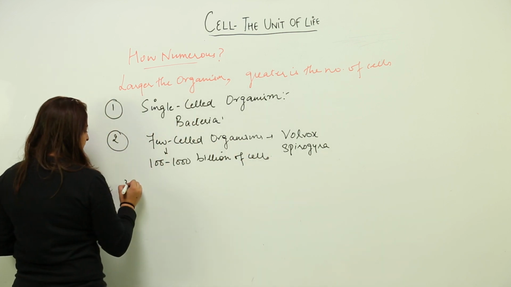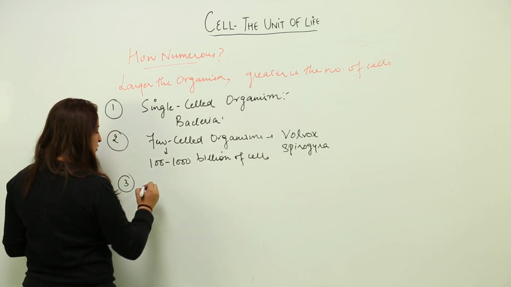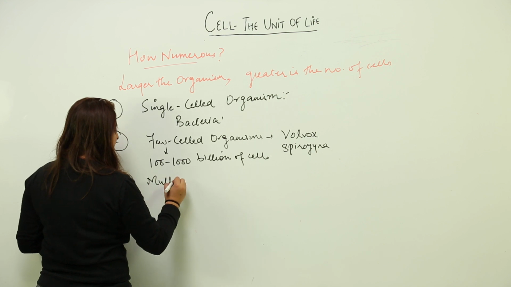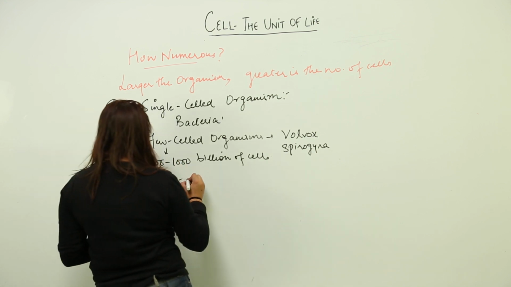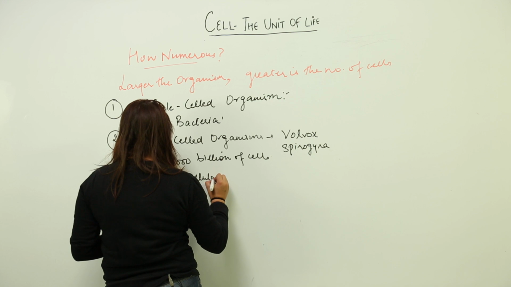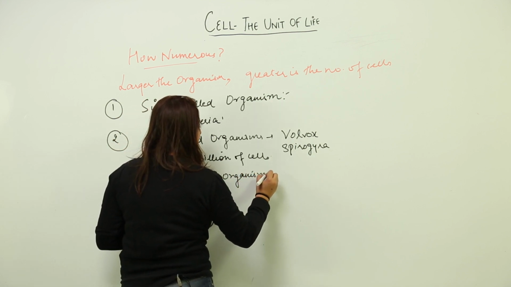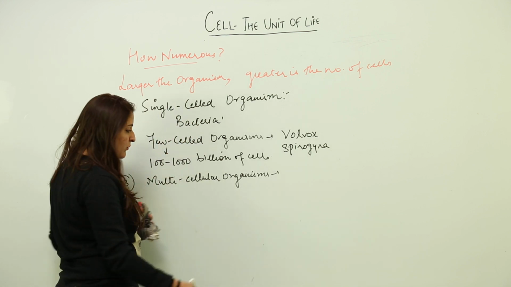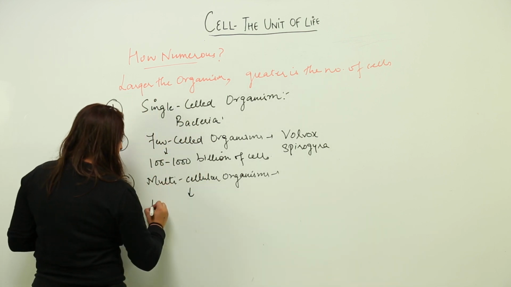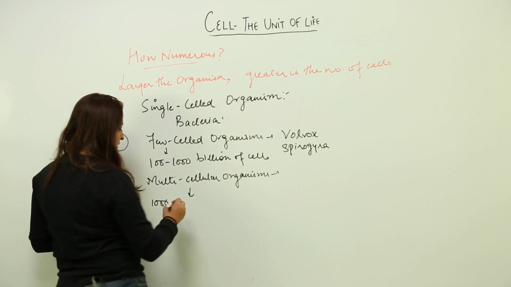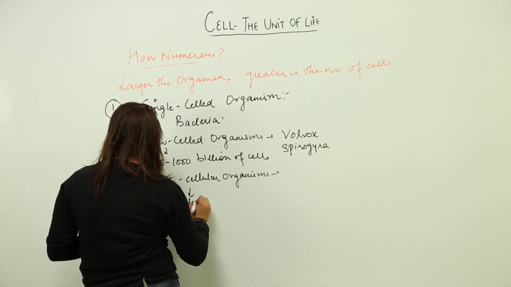The last category of organisms is multicellular organisms, such as various plants and animals. Multicellular organisms like plants, animals and humans, including human beings, are formed of 1000 billion cells or more. They have a huge number of cells.